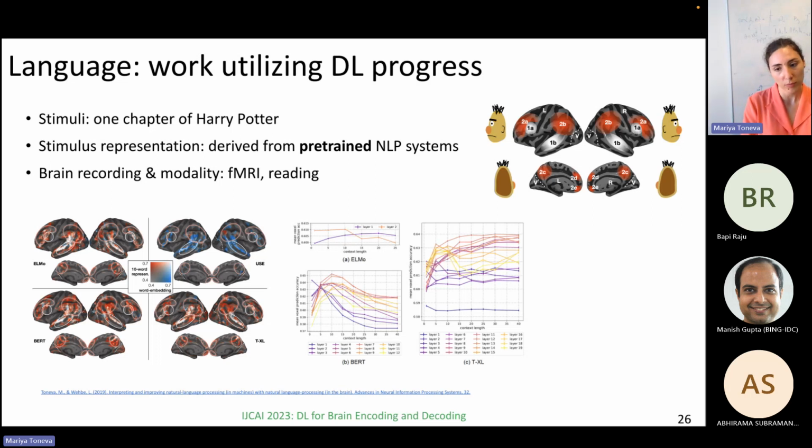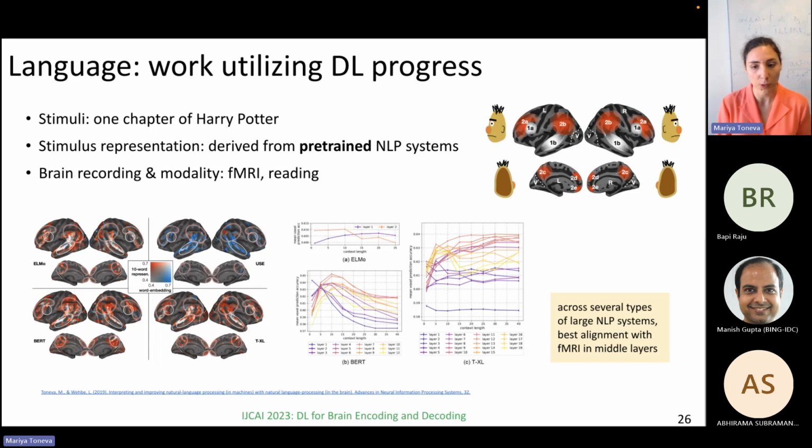We also had findings that aligned with previous findings about the middle layers of the LSTMs aligning best with the brain response. We also found that middle layers in transformers aligned best with the brain response. So across several types of large language models, the best alignment with fMRI was in fact in the middle layers.